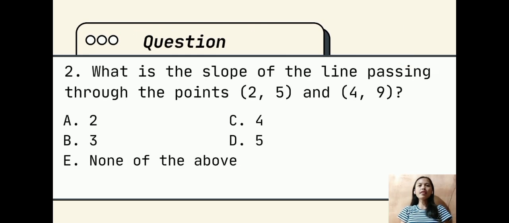Number 2. What is the slope of the line passing through the points (2, 5) and (4, 9)? A. 2, B. 3, C. 4, D. 5, E. None of the above.